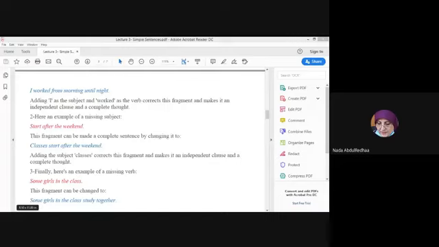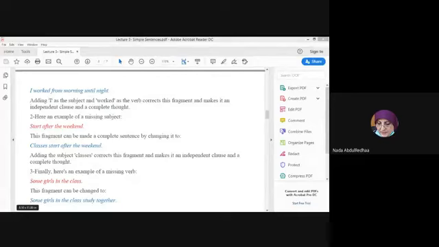In the first sentence is a simple sentence, but the second is a complex sentence. But what is the difference between after in the first and after in the second?